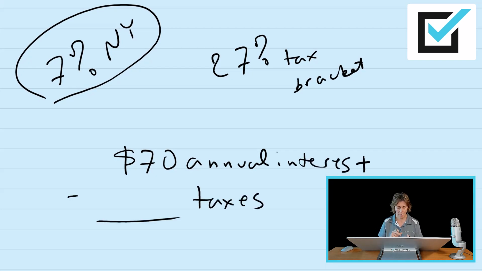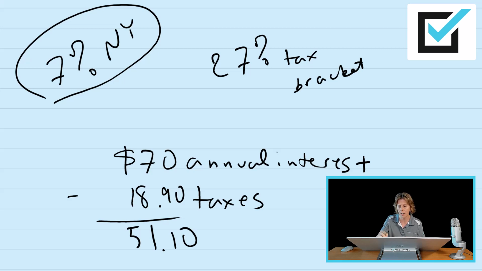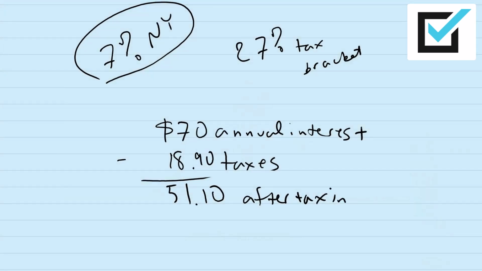How much are the taxes? 70 times 27%. Remember, interest income is taxable as ordinary income, $18.90. That's how much is owed in taxes. So 70 minus $18.90 leaves after-tax interest income of $51.10. And what is par on a bond? $1,000.